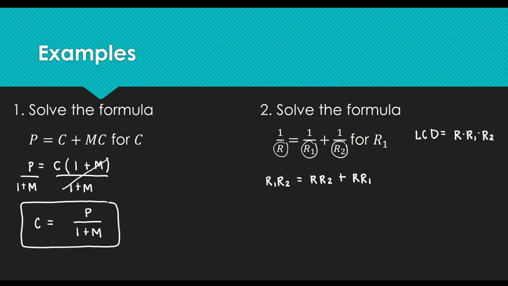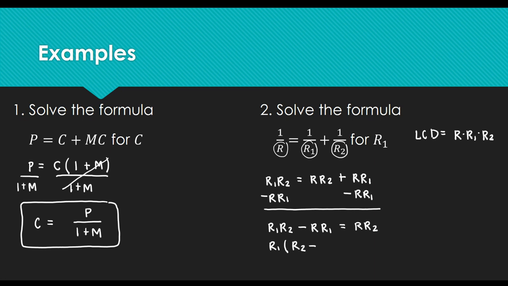Because they're on opposite sides of the equation, I'm going to move the one from the right over to the left so I can get them to the same side. Now these are not like terms, so R1 times R2 minus R times R1 cannot be combined. And then we'll still have R times R2 on the right. Now what do they have in common? Well, they have R1 in common, so I'm going to factor that out.